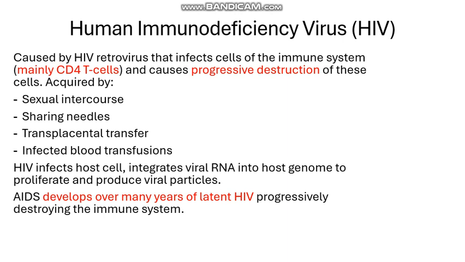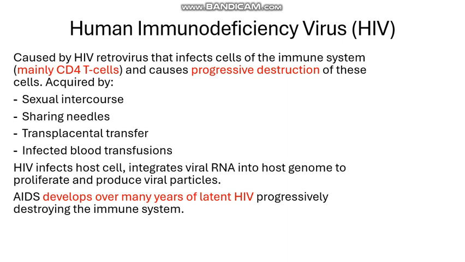So human immunodeficiency virus, commonly referred to as HIV, is a retrovirus that infects cells of the immune system, mainly helper T cells, and it causes progressive destruction of these cells.